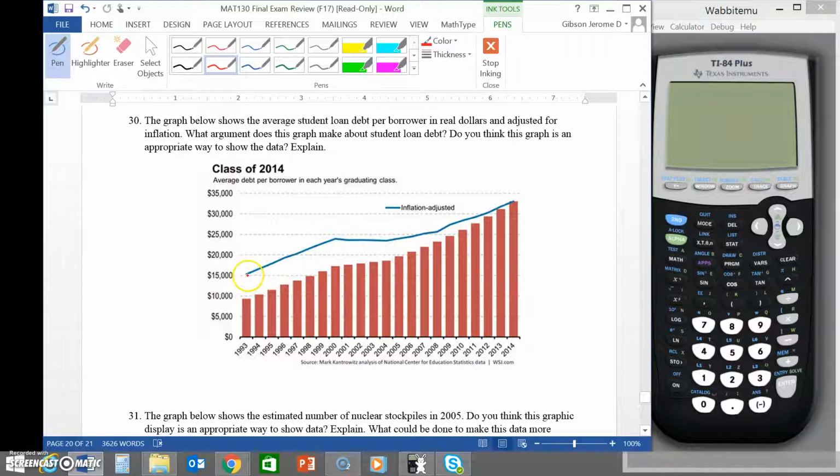If you look at the inflation from 1993 to 2014, the values are not that far apart, considering that it's been 21 years. But when you look at the bar graph, it looks significantly far apart. So this graph is very misleading because it has you think that it is significantly more in dollars, and it is actually not.